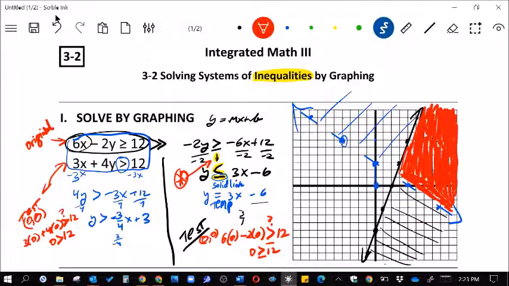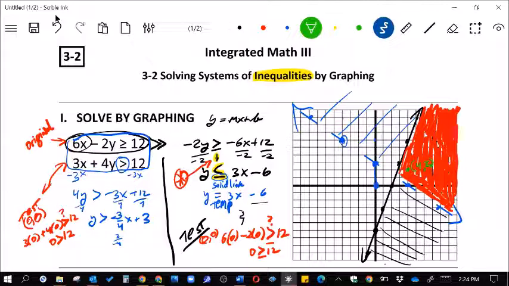So for instance, 10 and 10 here, if I put 10 and 10 into both of those, I would get two true statements. Or if I took a point like the one that's here, which would be, let's say 1, 2, 3, 4, well, it's not negative, it would be 4 and 2, and I plugged that into both of those, the X and the Y, they would both be exactly right.